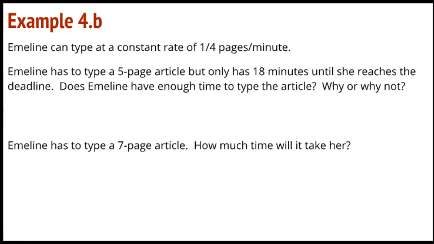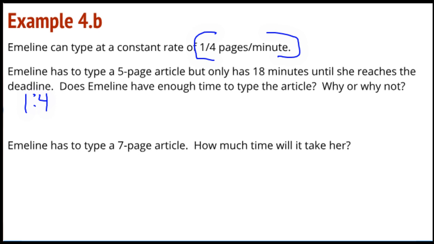So Emmeline has to type a 5-page article, but only has 18 minutes until she reaches the deadline. Does Emmeline have enough time to type the article? Why or why not? Okay, so we're going to get a little bit more advanced here, but we're coming right back to let's look at this rate and connect it to a ratio. We have a ratio of 1 to 4. We figured that out on the last problem.